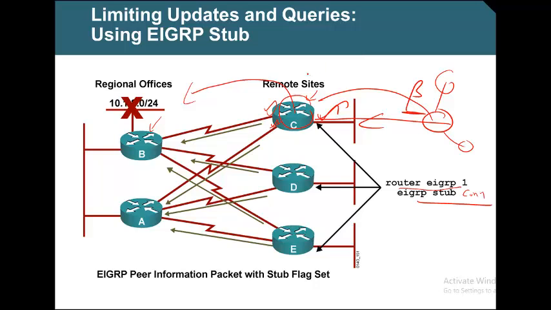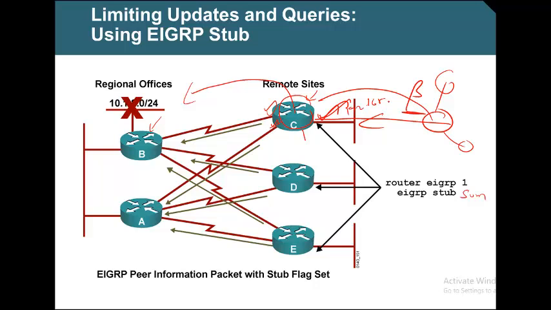But you might have summarized 192.168.1.0. This is the summary of this. So when you say summary, it won't take responsibility for the /30. It will take responsibility only for the summarized route, which is pointing towards the null zero interface.